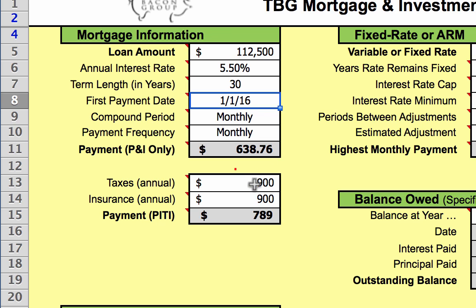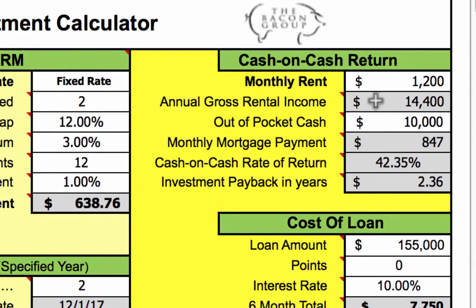Okay, let's say the taxes on this particular property are going to be let's say $1,200, maybe $1,500, and about $1,000 annually in insurance. So roughly speaking, you've got about $850 a month principal, interest, taxes, and insurance payoff. We said it would rent for $1,600 a month.